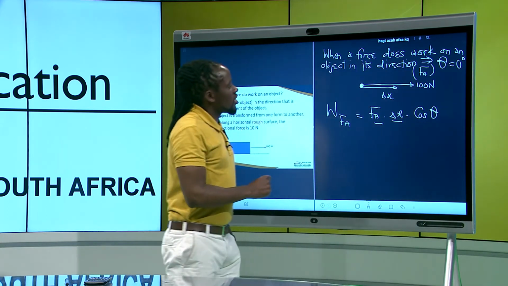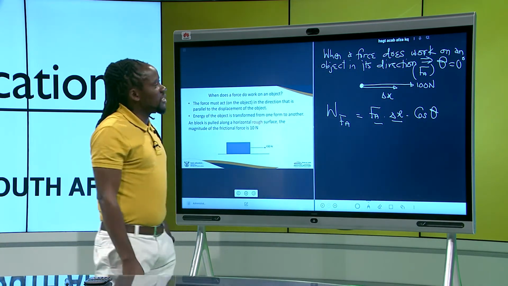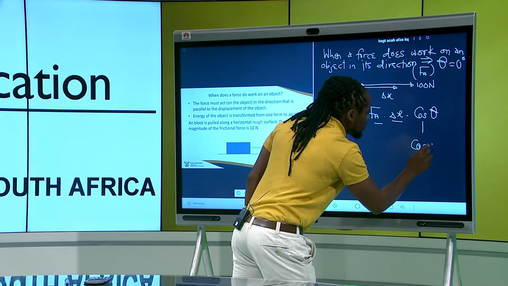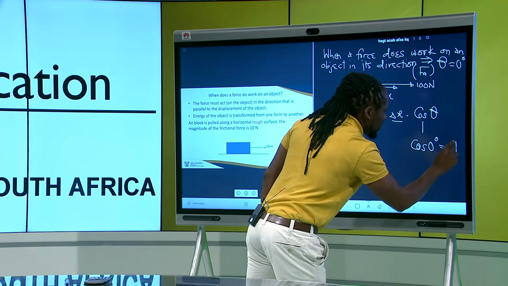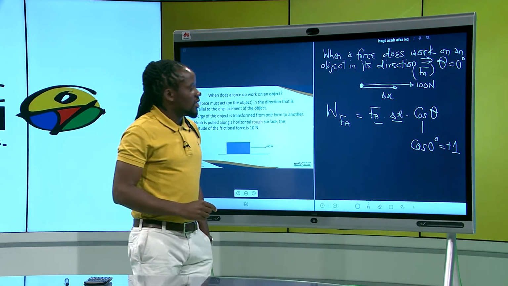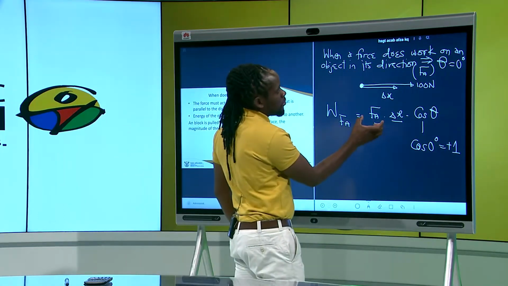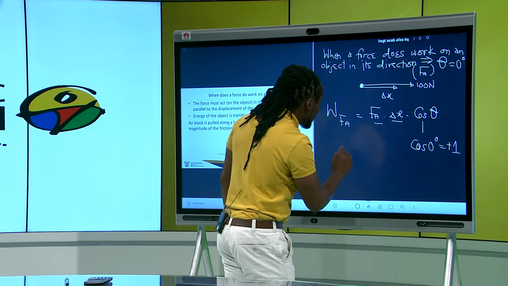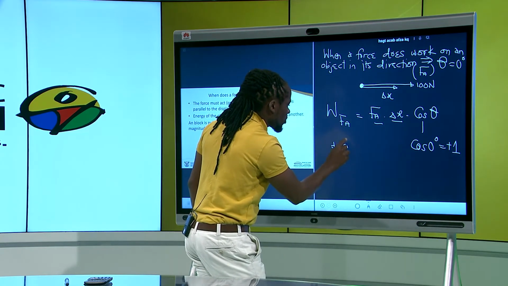So if you go to your calculator, for argument's sake, and do the cosine of 0 degrees, you'll get a positive 1. What does that tell us? It tells us that the work done by the applied force is in the direction of the applied force. Hence, this does what we call positive work.